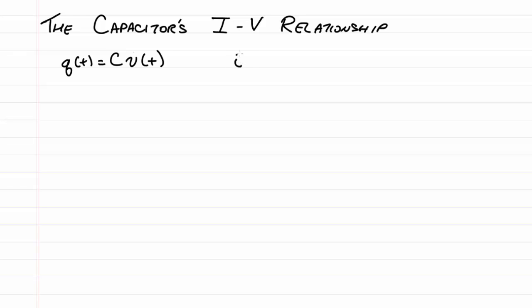Fortunately, we can recall that the current as a function of time is simply given by the time derivative of the charge. We can substitute in for the derivative of the charge with respect to time with the derivative of the voltage with respect to time, because we know that the capacitance is a constant.